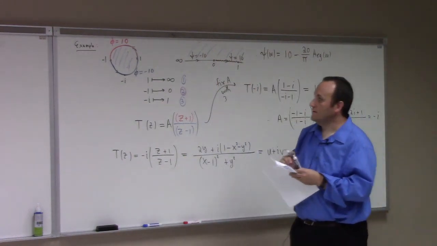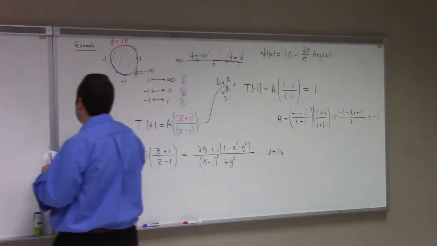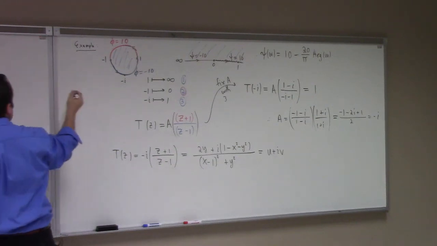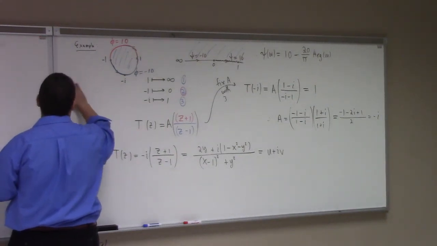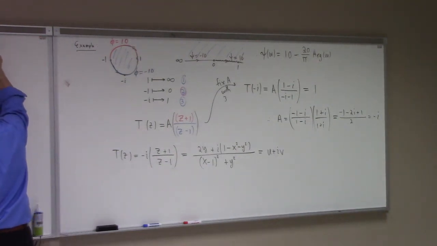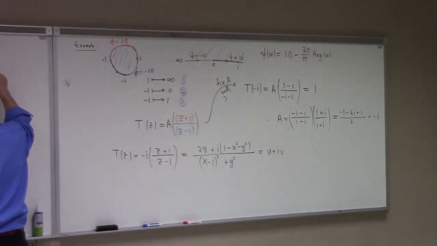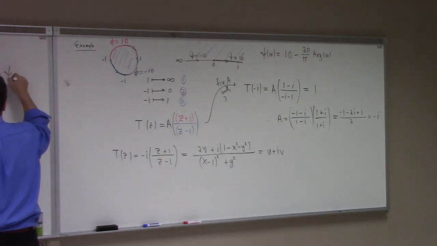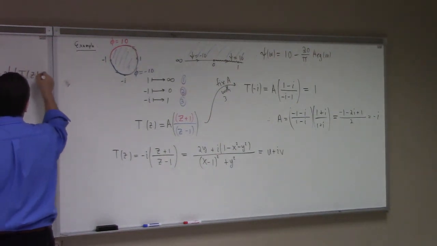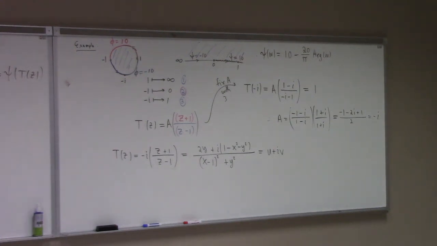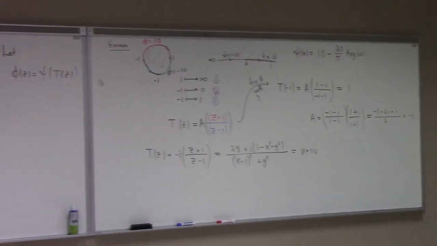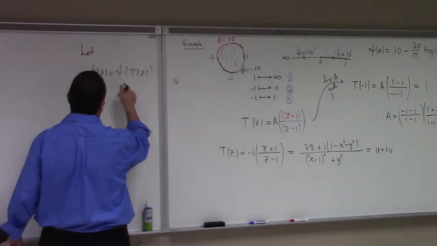So then, how do we construct phi? Over here, we let phi of z equal psi of T of z. That's the trick. This is the conformal mapping. And so what does that actually look like?